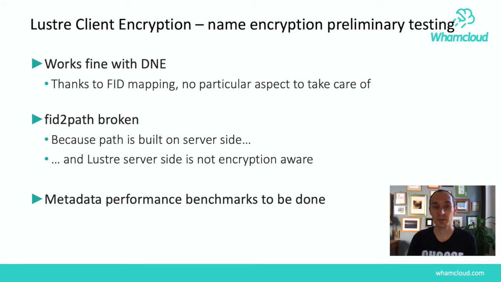Unfortunately, in this POC, FID to path is broken because path is built on server side, and our implementation is made so that a Lustre server side is not encryption aware. And of course, we would have to run metadata performance benchmarks in order to see what's the performance penalty when we have file name encryption.